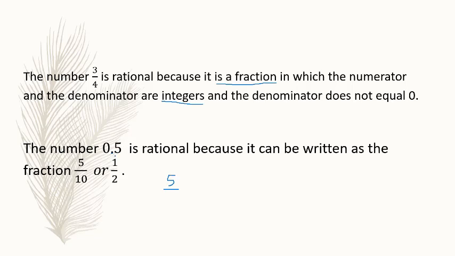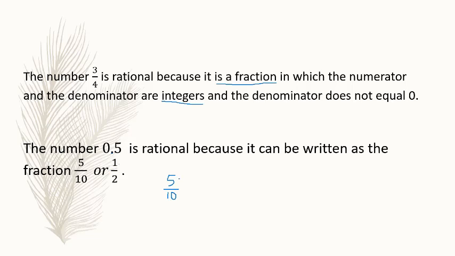Then you count, how many digits do I have after the decimal point? We have only one digit. Then since we have one digit, the denominator is 10. If we had two digits, it would be 100. And if we had three digits after the decimal point, it would be 1000. Then this is it. Or we say 1/2.